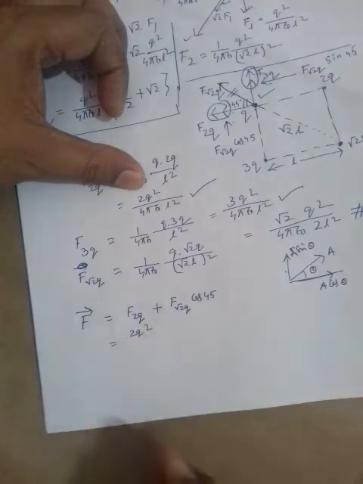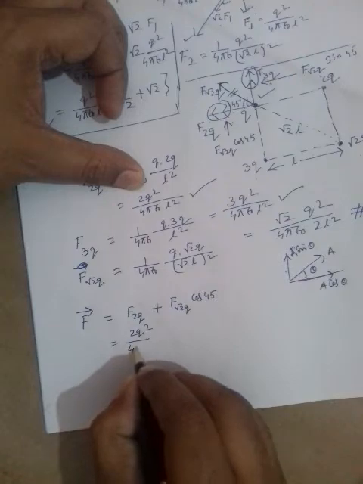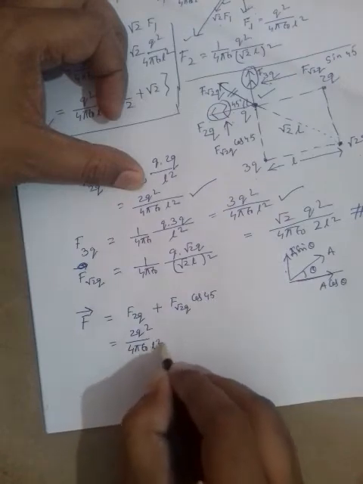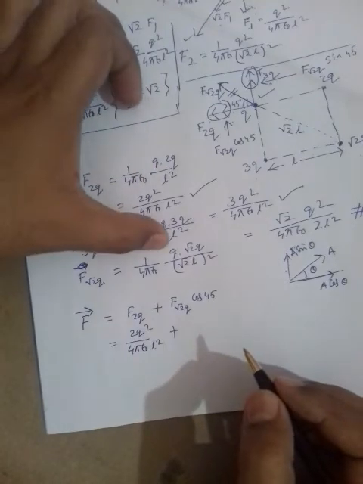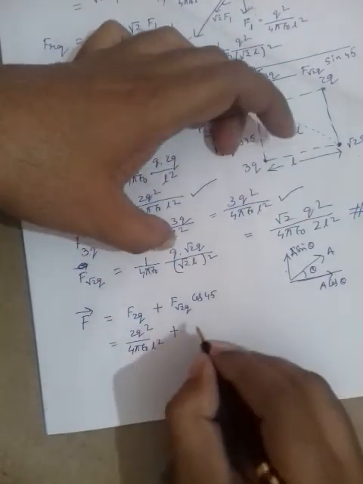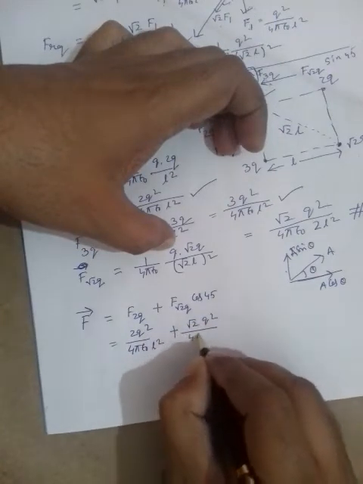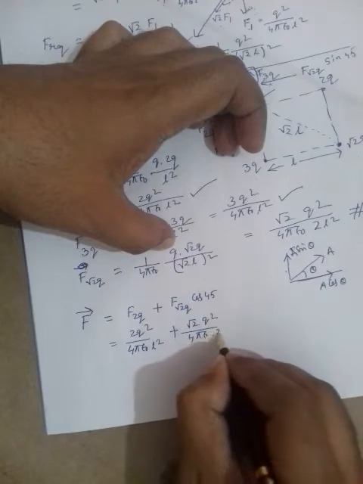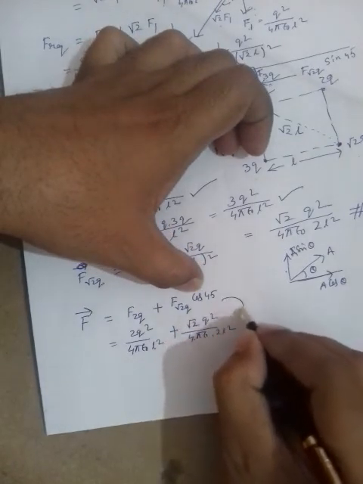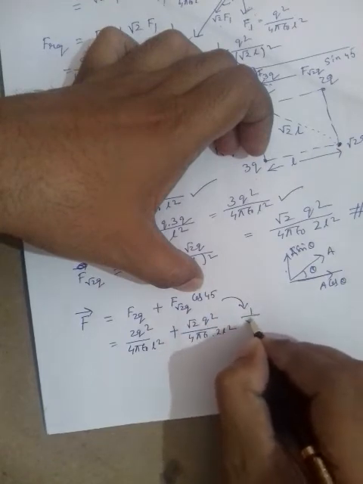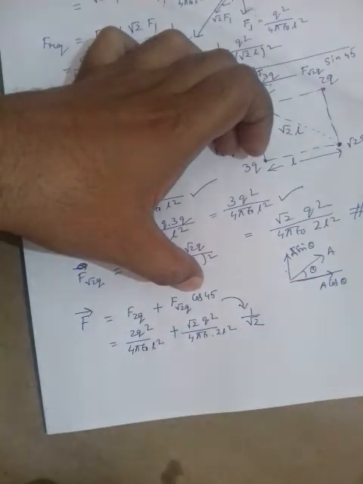Twice q square by 4 pi epsilon naught L square. F because of root 2q also written here, meaning simplified is this. So let me write root 2q square by 4 pi epsilon naught into twice L square cos of 45. You know cos of 45 or sine of 45 having same value 1 by root 2. So this root 2 and this root 2 go cancel.